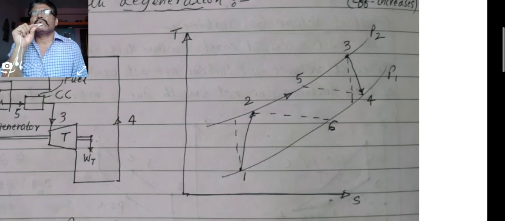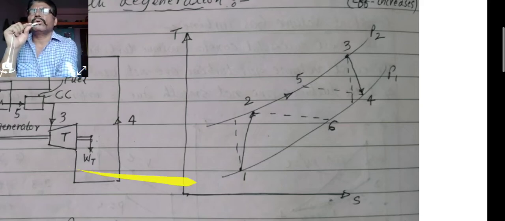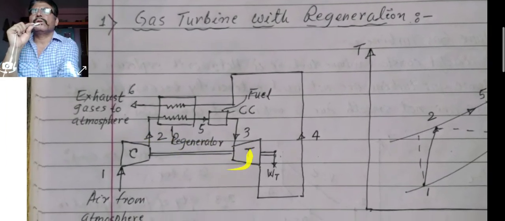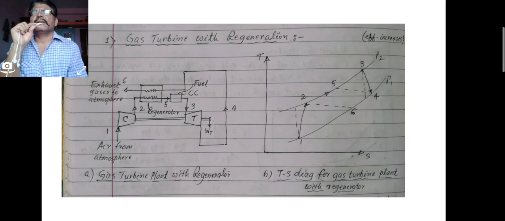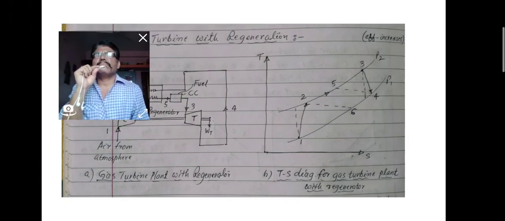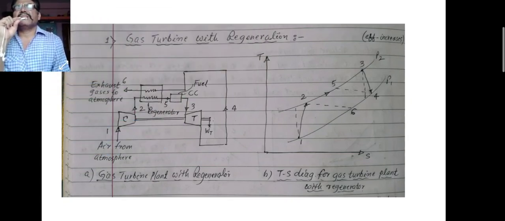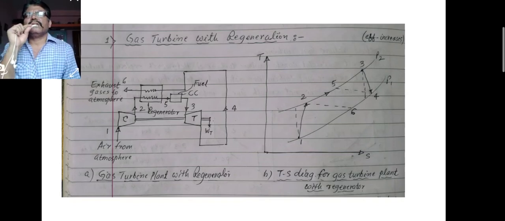So 1 to 2, the compressor is there, so in the compressor the pressure as well as the temperature increases. Then 2 to 3 the temperature as well as entropy increases. Between 2 to 3 there is a combustion chamber. 3 to 4 there is a turbine, the expansion is happening. By that time the temperature decreases and the entropy remains somewhat constant.